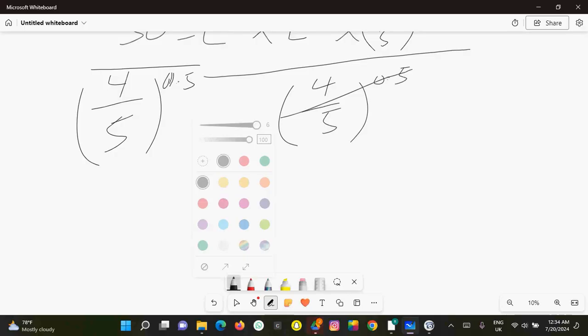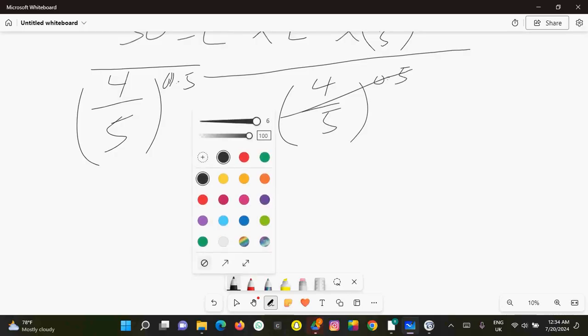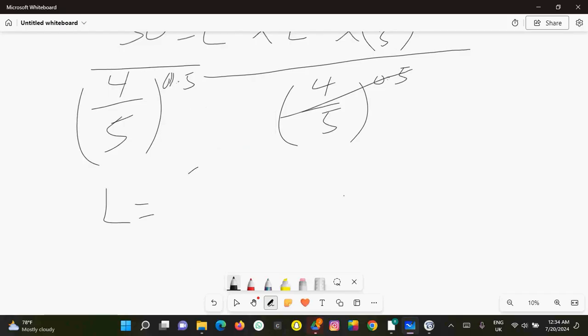L, because 0.5 plus 0.5 is 1, equals 50 over 4 over 5.